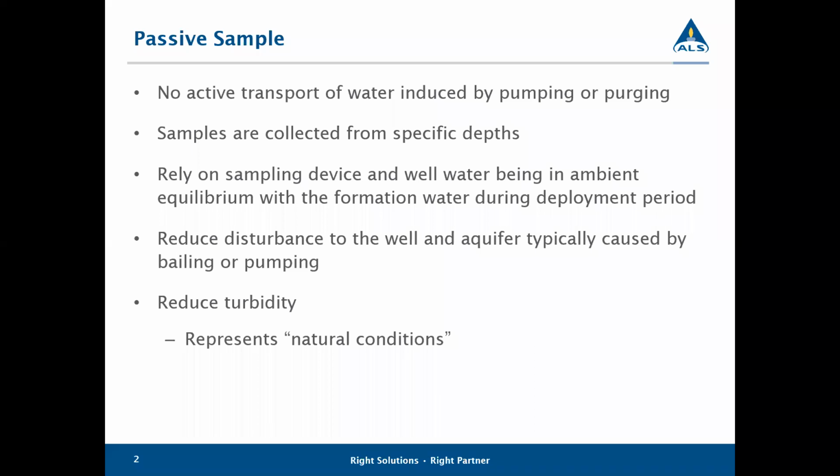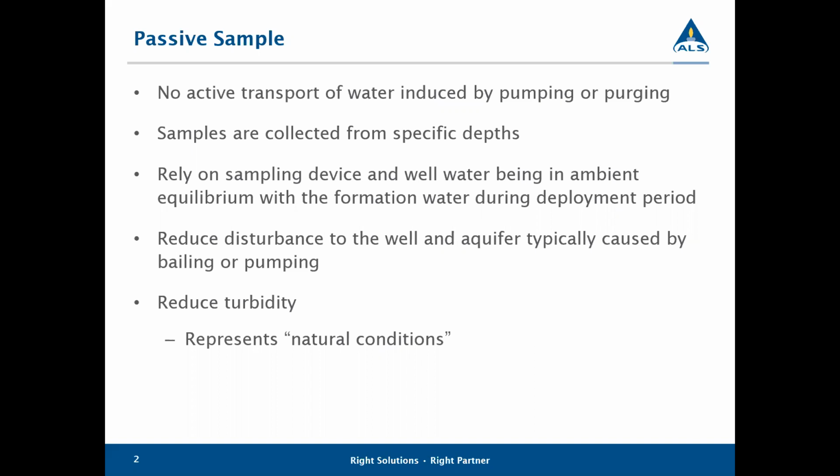It allows you to collect a representative sample of the aquifer immediately adjacent to the specific position on a well without the active transport that you typically get induced by pump and purge techniques.